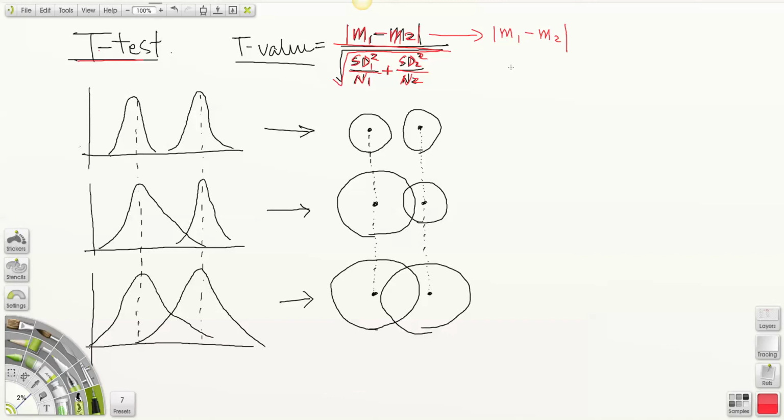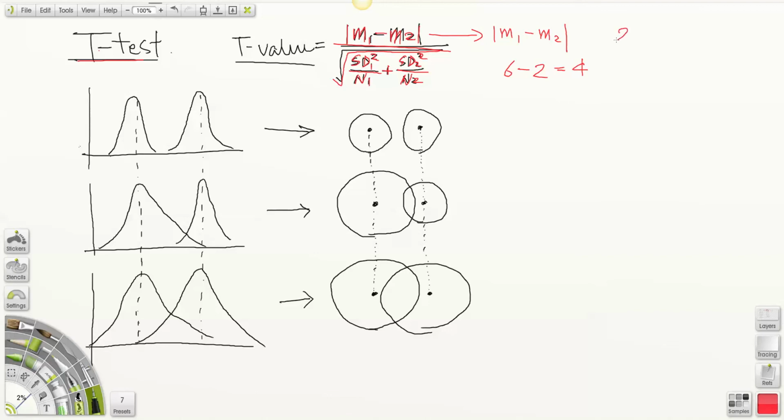In the last session, I used the male subsample as the first subsample, so 6 was the mean number of traffic tickets for the male subsample minus the female subsample's mean number of traffic tickets. So it was positive 4. That's why I kind of skipped this important part of the numerator. But it doesn't really matter which one comes first.